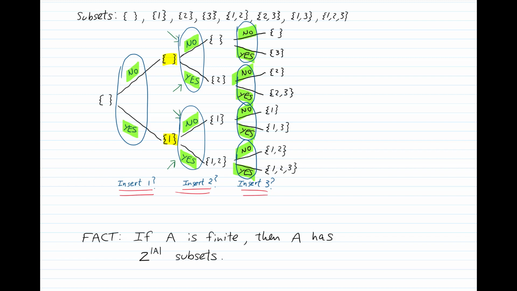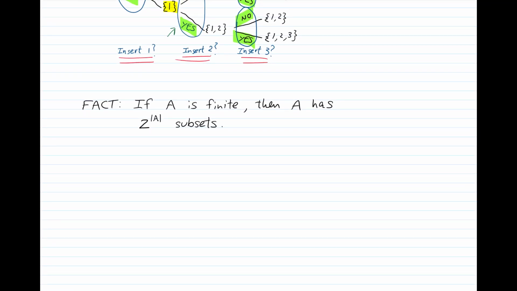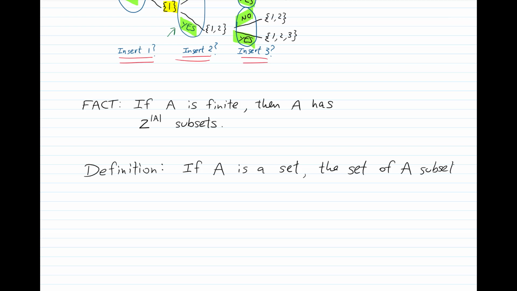All right, one more definition. If A is a set, the set of all subsets of A is called the power set of A. We're going to write that like this.